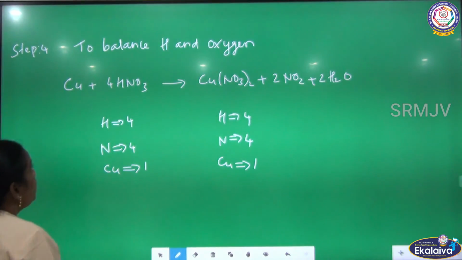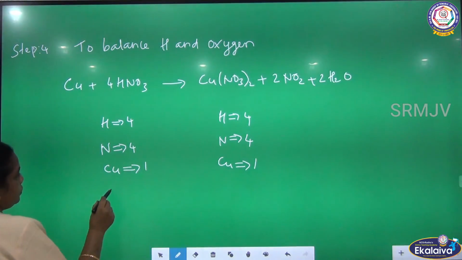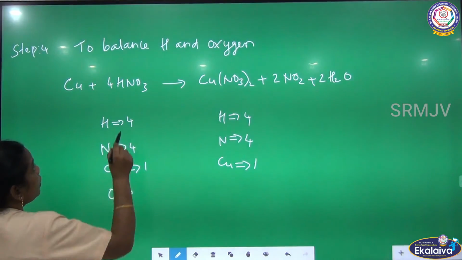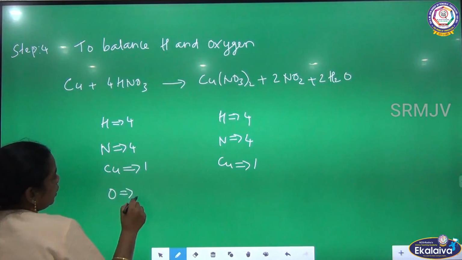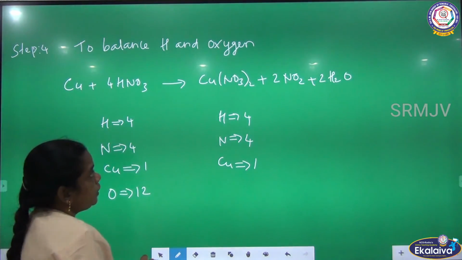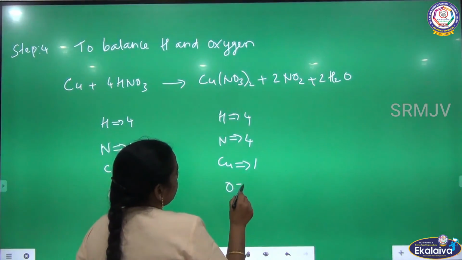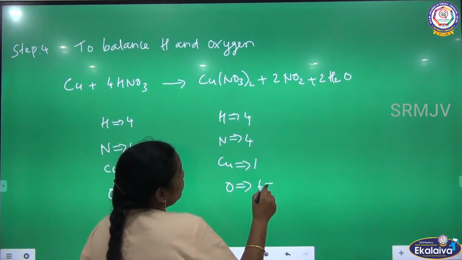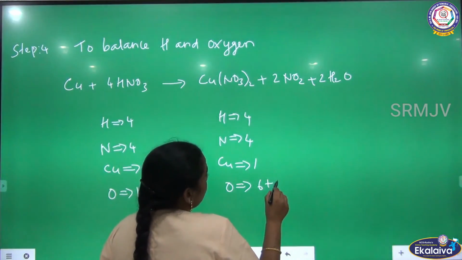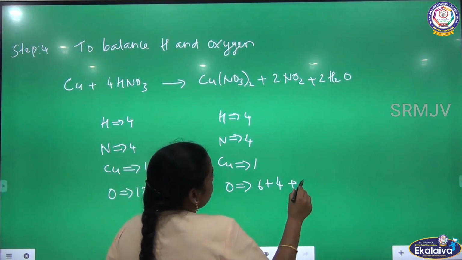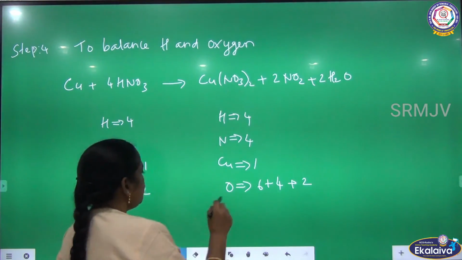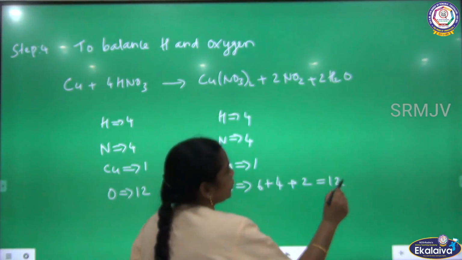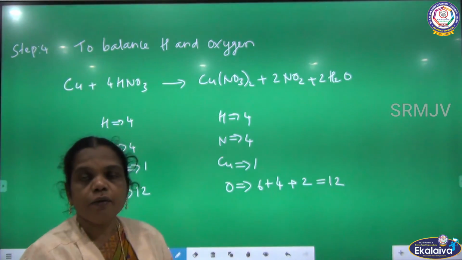Now oxygen, how many oxygens here? 4 into 3, 12 oxygen. On this side, oxygen is 3 twos are 6 plus 2 twos are 4 plus 2, so this becomes 12. Now all the elements are balanced.